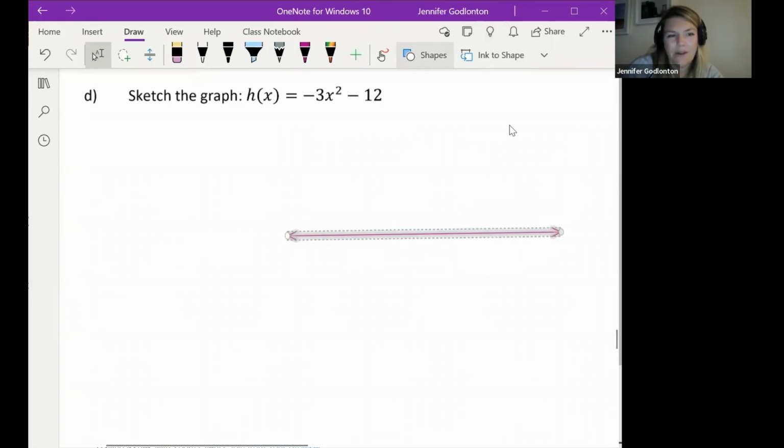And then I'll quickly go through each page. Yeah, A can definitely be a fraction.